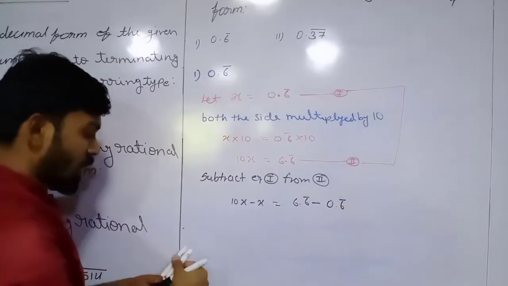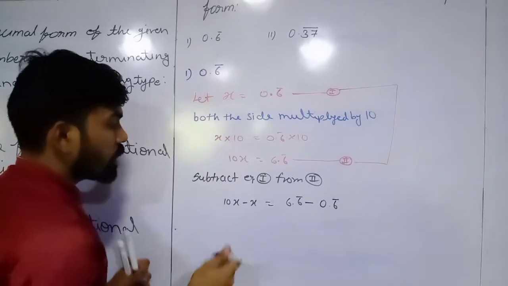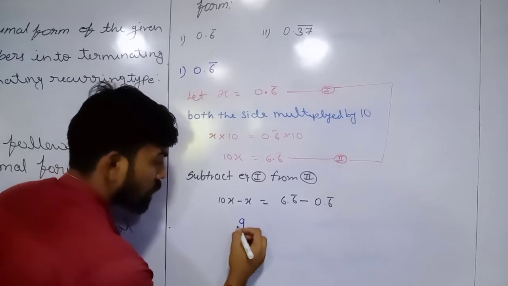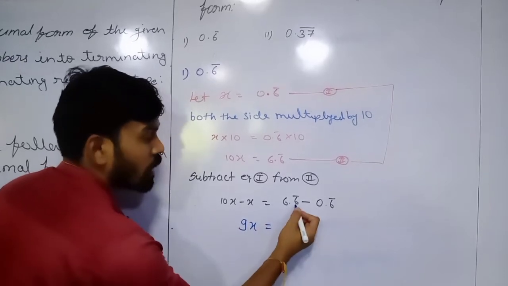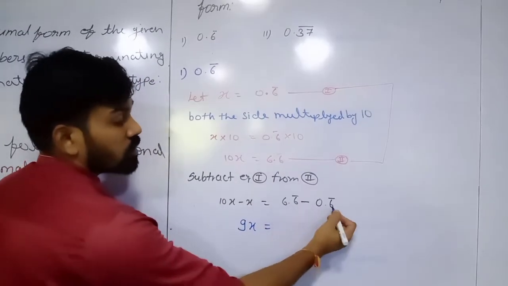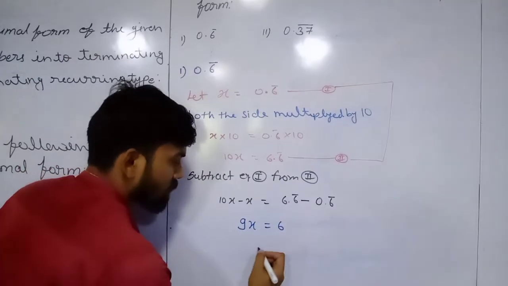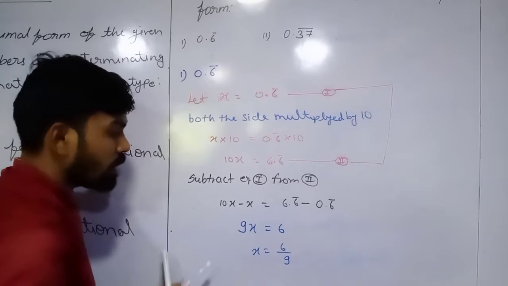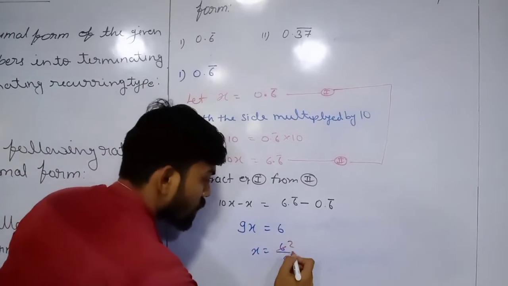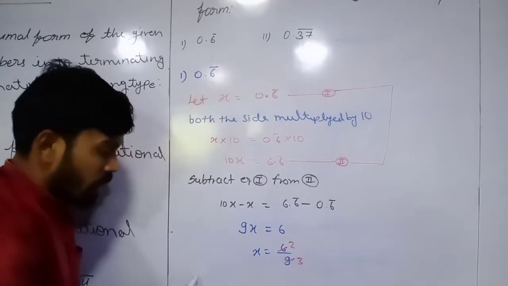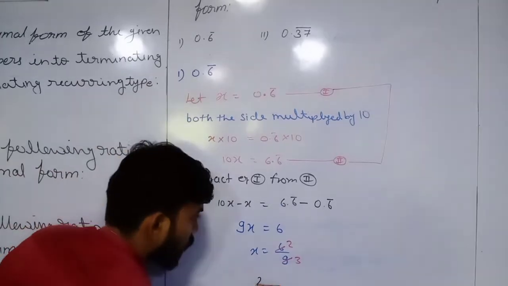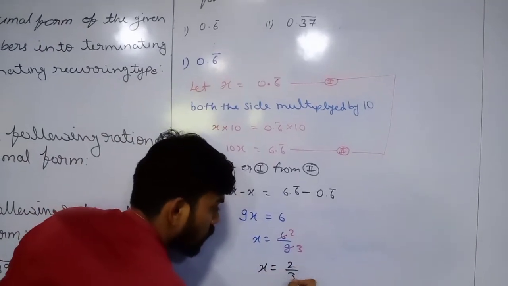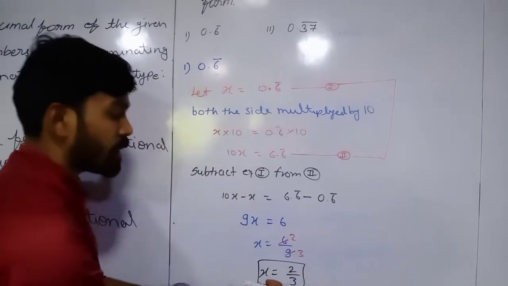So we get the answer, 9x is equal to 6, because after the point 6 bar gets cancelled. x is equal to 6 upon 9. Do the cancellation, 3 2s are 6, 3 3s are 9. We can write x is equal to 2 upon 3. This way we find the answer of x.